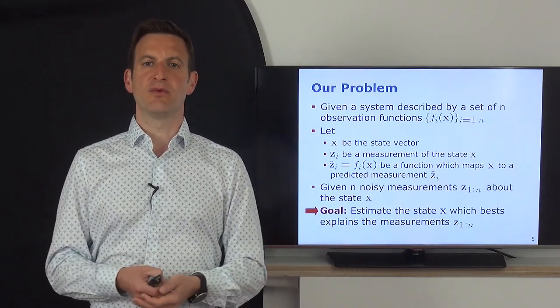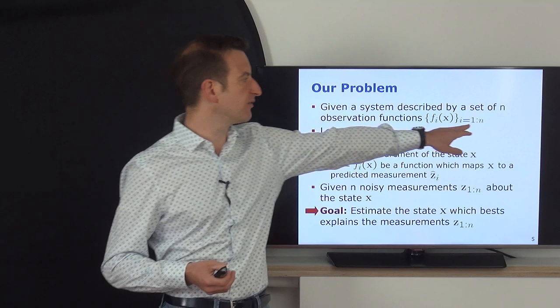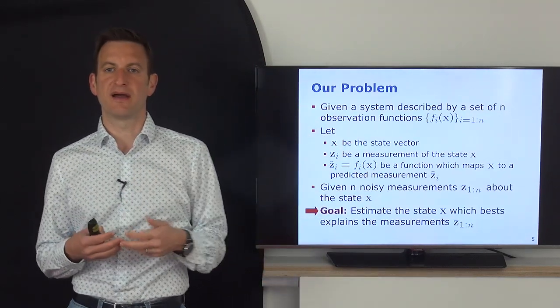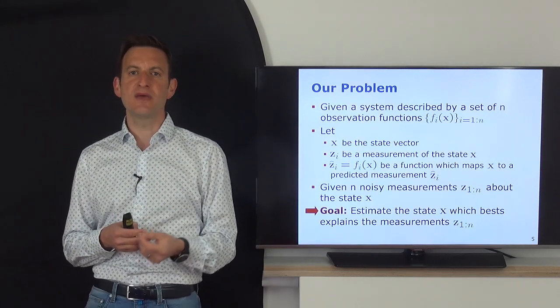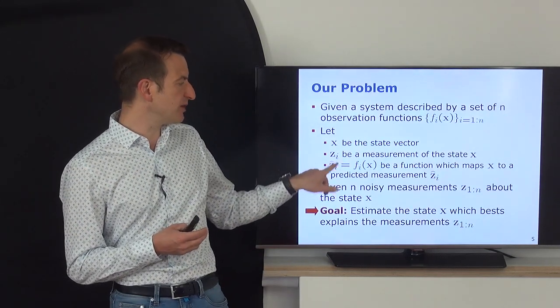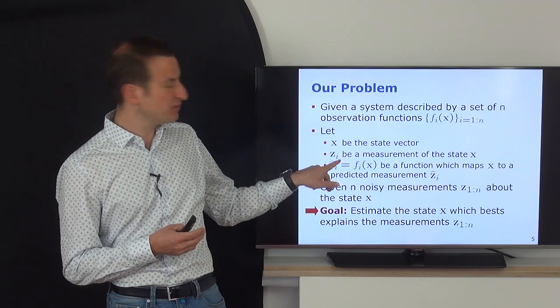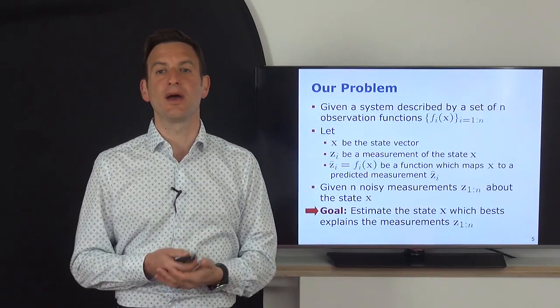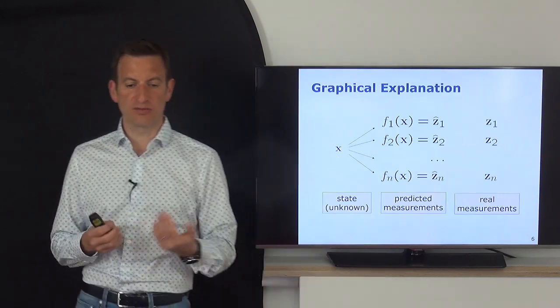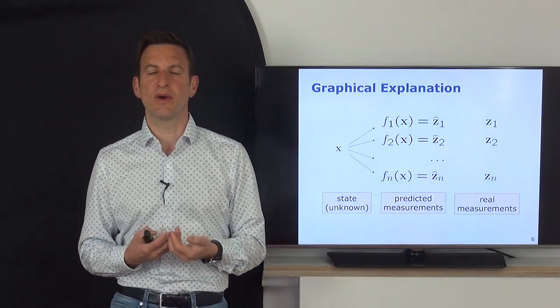Typically we have more observations, let's say n observations from 1 to n, and we want to find the x which best explains our observations 1 to n. We do that by looking at the mismatch between what we actually observe and what we are expected to observe, and then looking at the squared error of that.